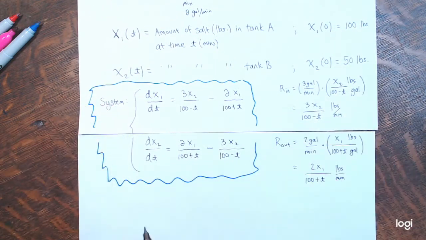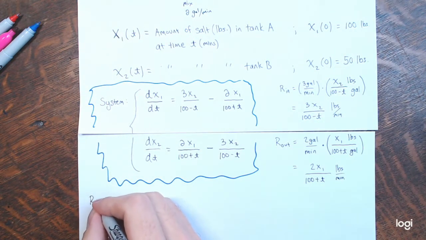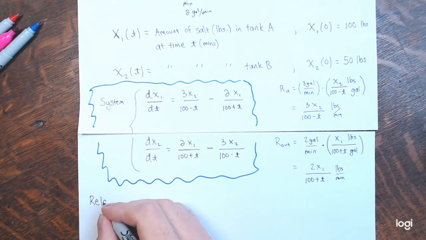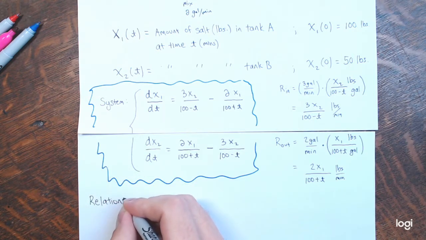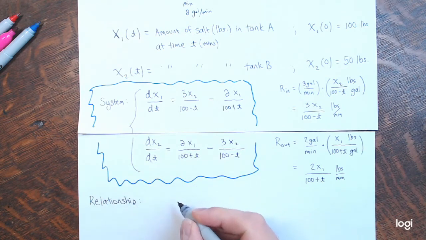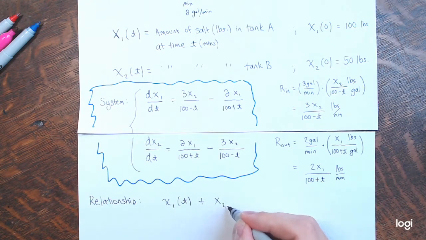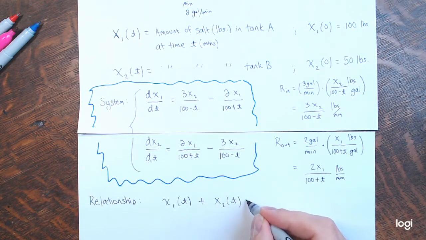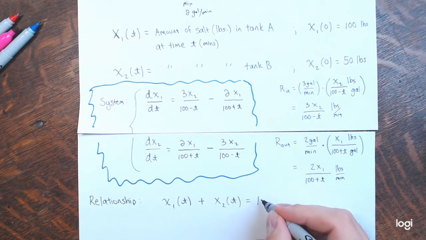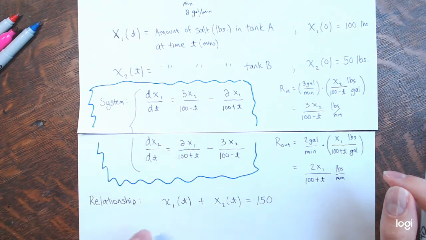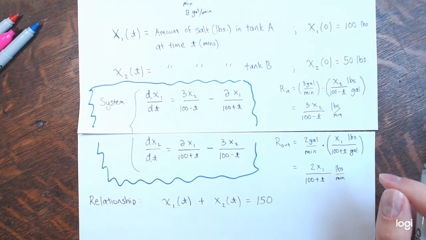So here's a nice relationship between x1 and x2 that is always true in this closed system. x1(t), the amount of salt in tank A, plus x2(t), the amount of salt in tank B, is always going to be 150 pounds. That's always true in this particular example.